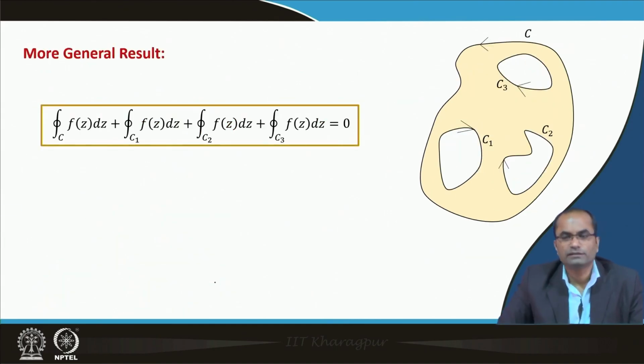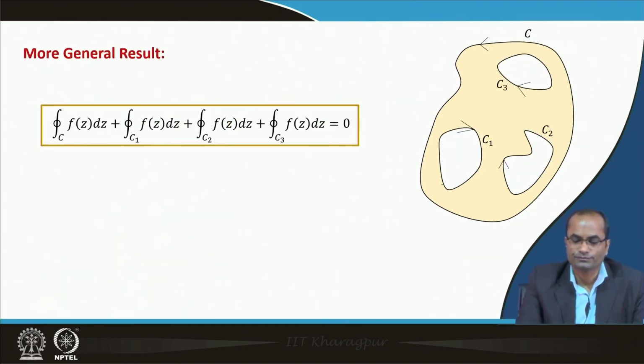We can generalize this result for many such holes or multiply connected domain. So, here we have considered these three curves, for instance, inside the outer curve C, which is traversed in the anti-clockwise direction, all others in the clockwise direction. So, here you have C1, then we have this C2, and then we have here the C3.